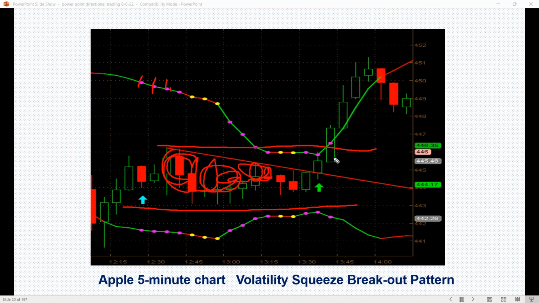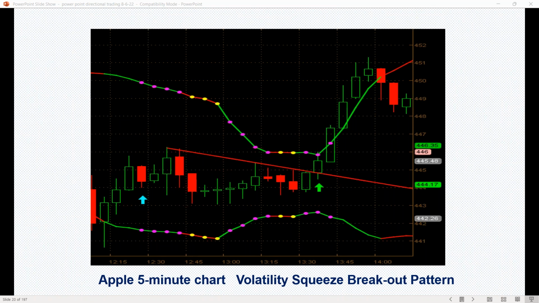Then the next thing we do is, which way is it going to break? So typically I'll look at the momentum, and then we'll look at a break of prior highs, like a trend break here. See these breaking that trend line there, and that becomes what I call the price execution or trigger point.